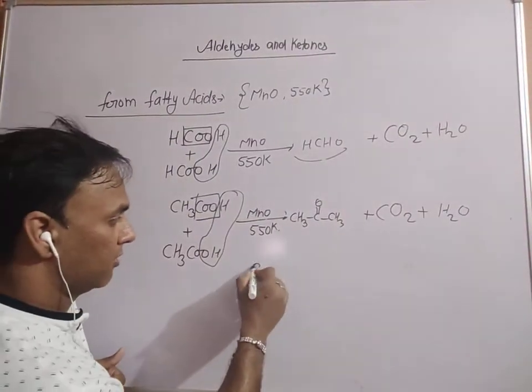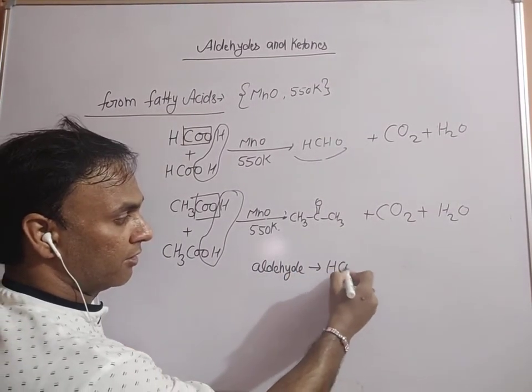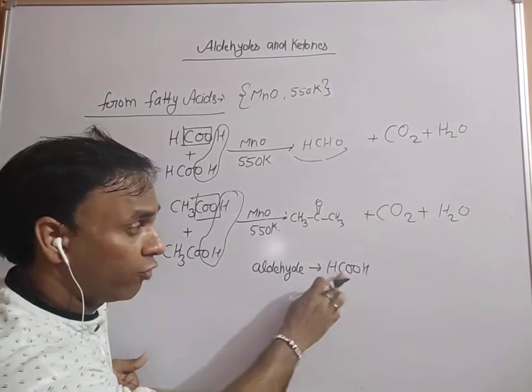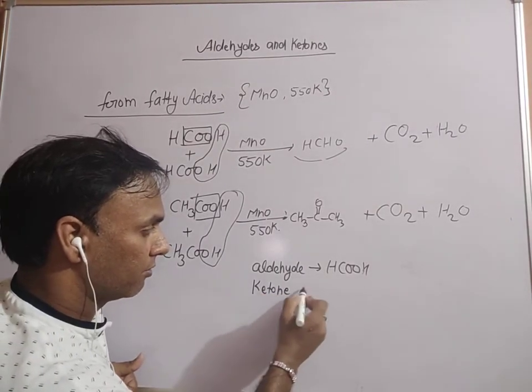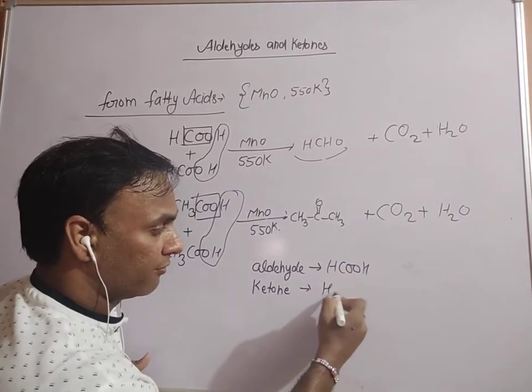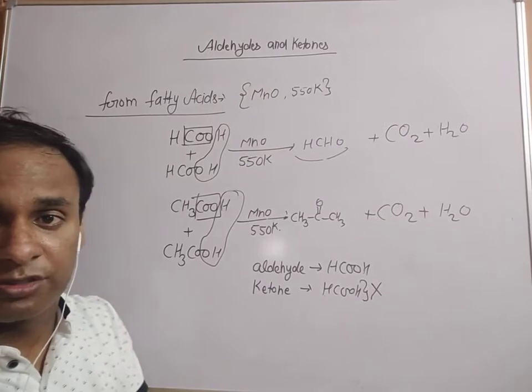For an aldehyde, the presence of formic acid is important, but in the case of a ketone, HCOOH is not used. Clear?